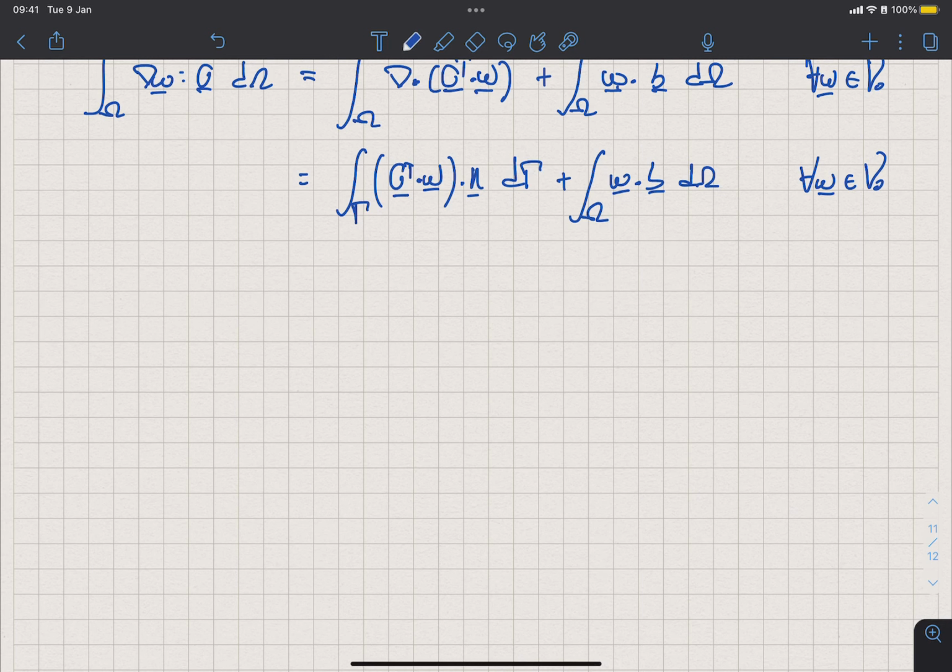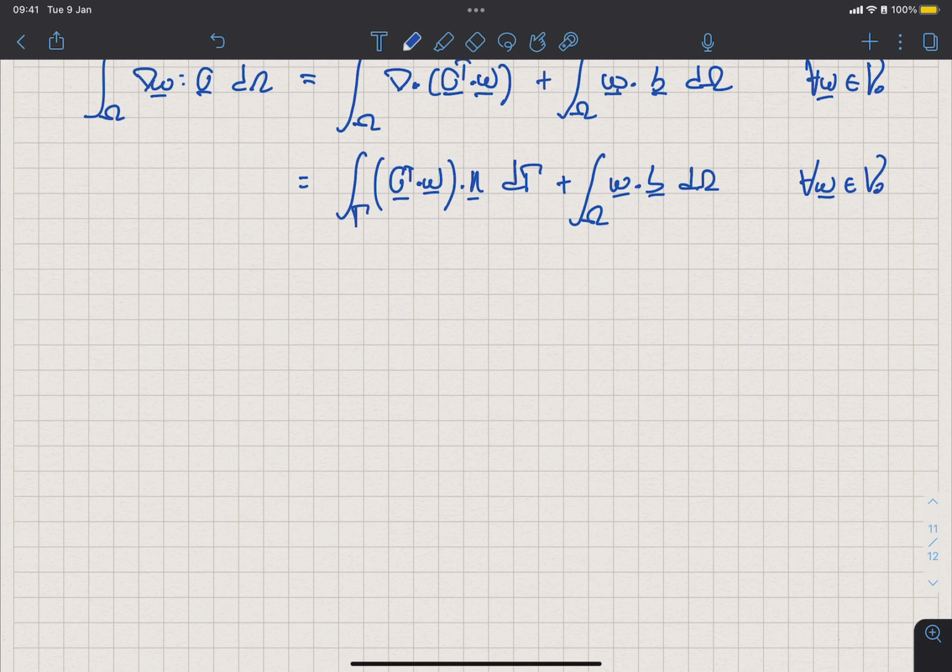Now, because of a property of the transpose of a tensor, so you may know from previous courses that U dotted with T operating on V is equal to V dotted with the transpose of that tensor operating on U, just by the property of a tensor. So you can see already that this term is going to change, and I'm going to write it here.